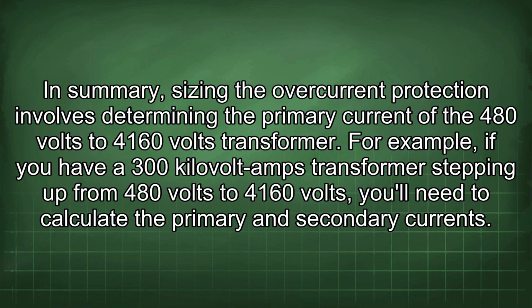In summary, sizing the overcurrent protection involves determining the primary current of the 480 volts to 4160 volts transformer. For example, if you have a 300 kVA transformer stepping up from 480 volts to 4160 volts, you'll need to calculate the primary and secondary currents.